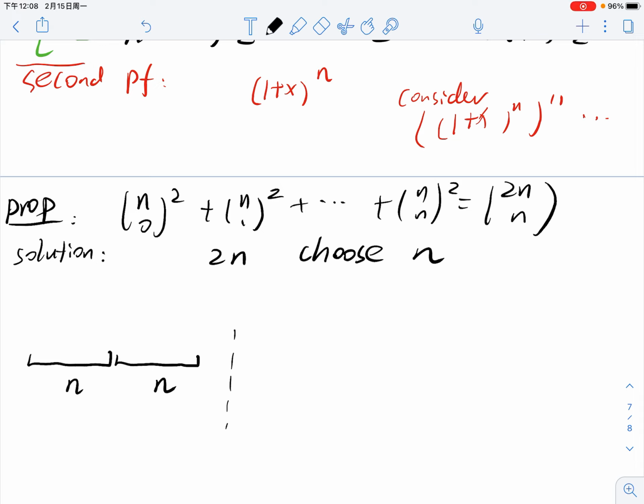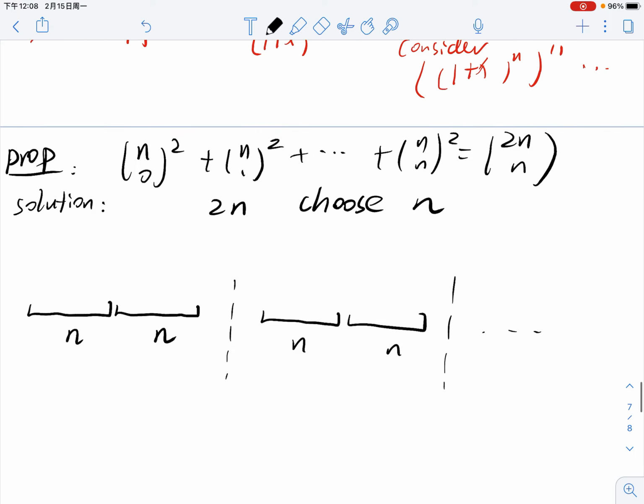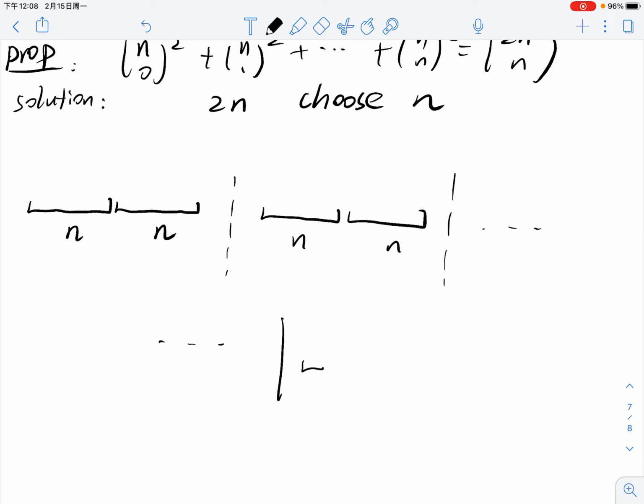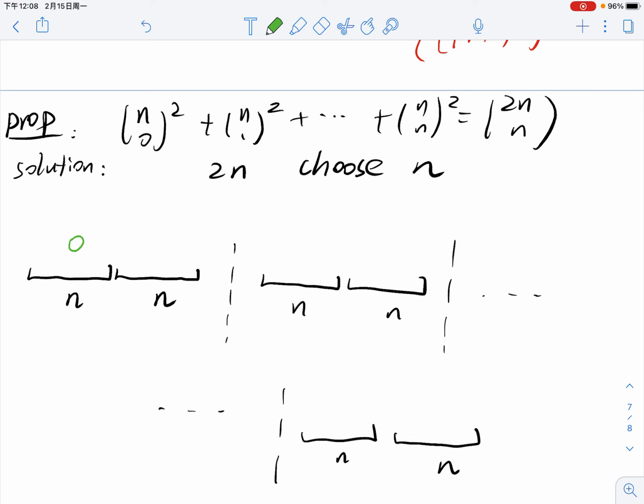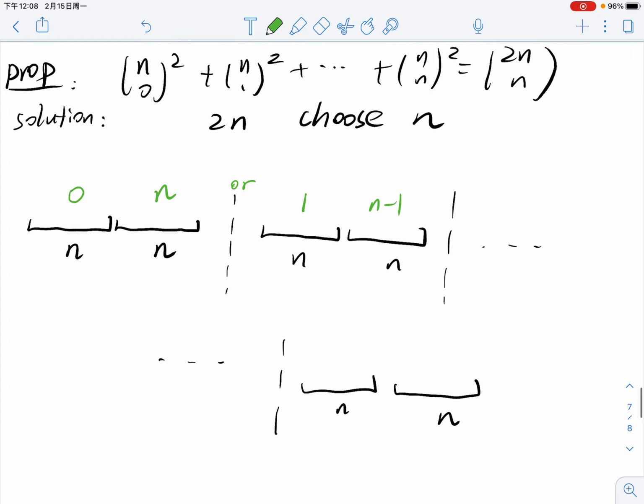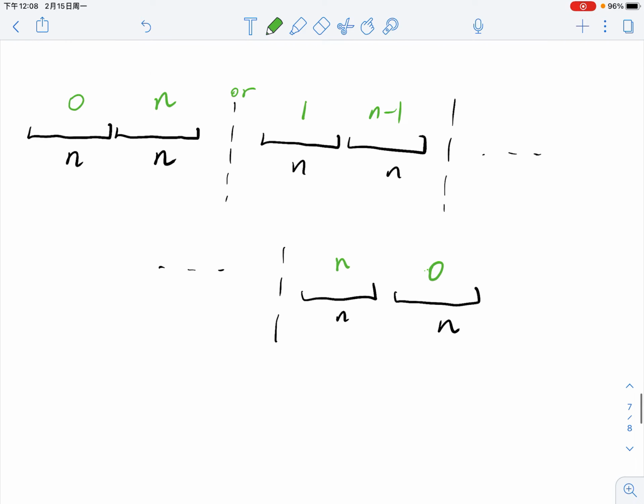Then you may have the following: you choose 0 objects in the first half, and then you choose n objects in the second half, or you choose 1 object in the first half, n minus 1 objects in the second half, and lastly you choose n objects from the first half, and then 0 objects in the second half.